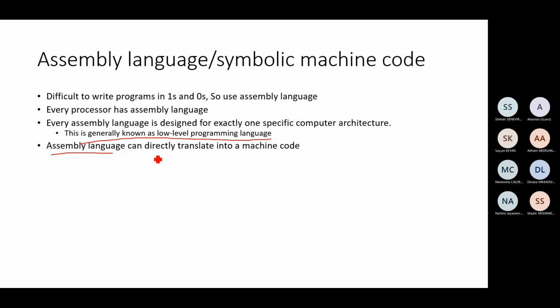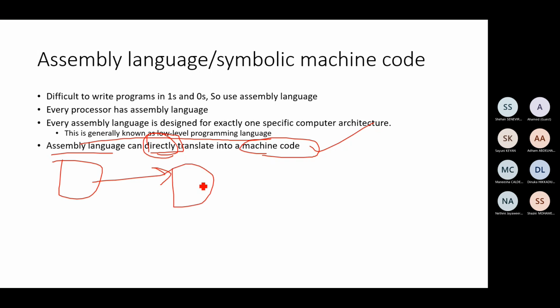Assembly language can be directly translated, that's the key term, the direct translation process into machine code. It's a big advantage, isn't it? We don't want to bother. We just want to write code and assemble it. Assembly means it's directly translating into machine code. Machine code is understandable to the computer. So we simply write code, then there's an assembler.